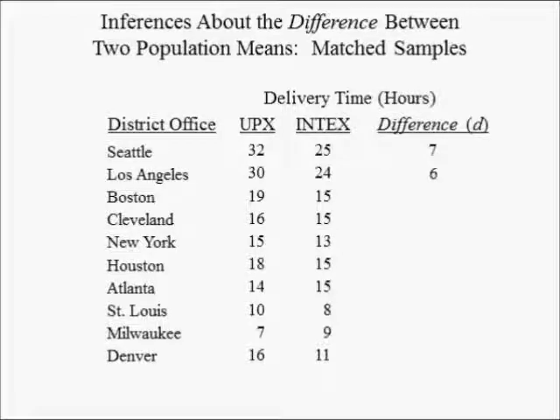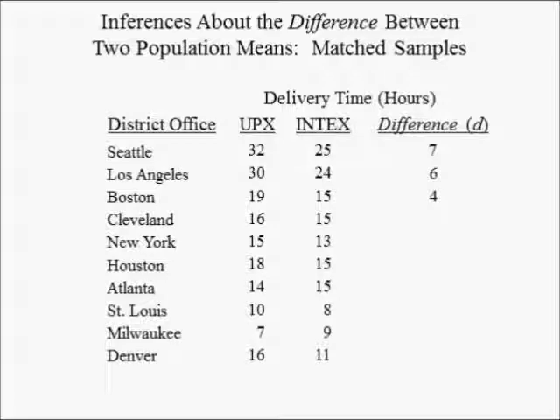The difference in delivery times from Chicago to Los Angeles is equal to 30 minus 24, or 6 hours. This means Intech delivery from Chicago to Los Angeles is 6 hours faster than UPX. The difference in delivery times from Chicago to Boston is equal to 19 minus 15, or 4 hours.